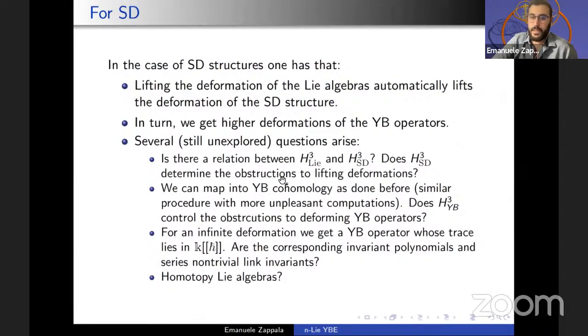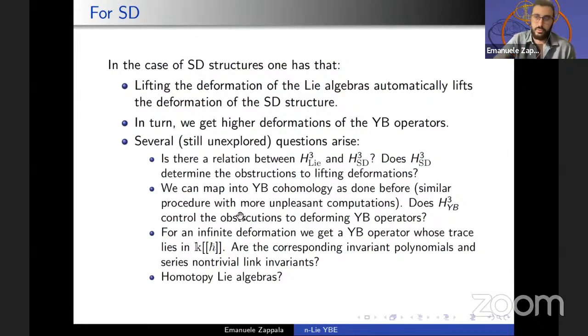So this gives rise to several questions, including how to control the obstructions in the case of self-distributive algebras. If you have an infinite deformation and you take the Yang-Baxter operator and you consider traces of links, do you get non-trivial invariants? There are basically power series invariants of the link. So you know that it's going to be invariant, but you don't know if the power series is actually trivial or not.